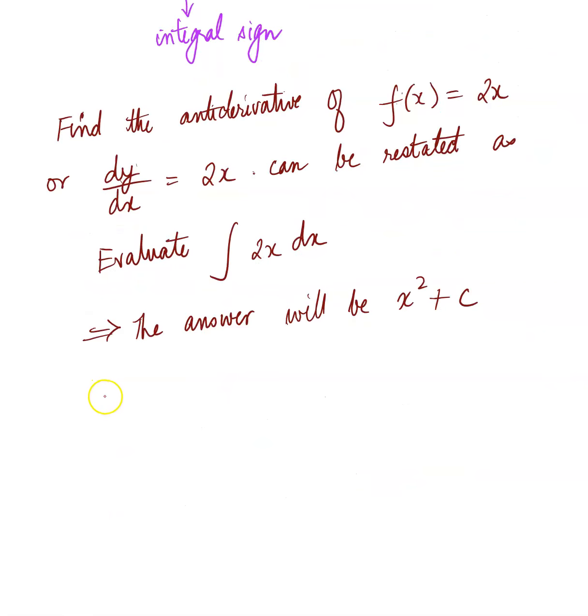Likewise, we could say the integral of cosine x dx. That will be sine x plus c, because k is 1, so 1 over 1 sine 1x would be sine x.